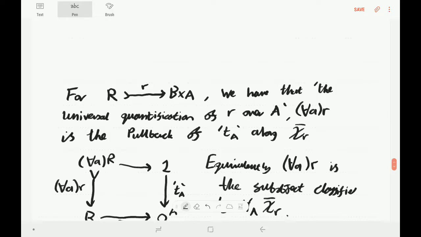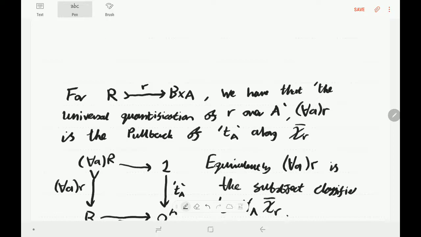Now, here is a relation. Okay, so this is just a monic into B times A. Now we define the universal quantification of R over A, which is written as for all A in brackets R. I'll just call it for all AR.